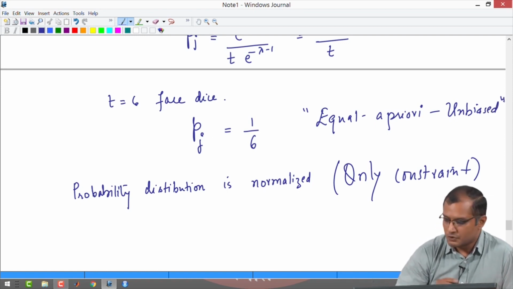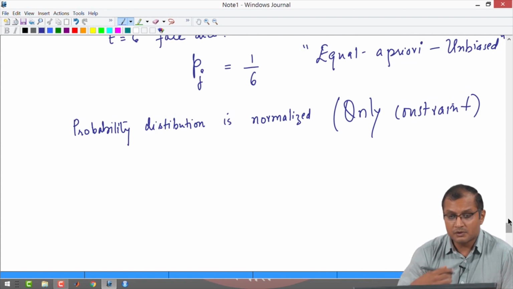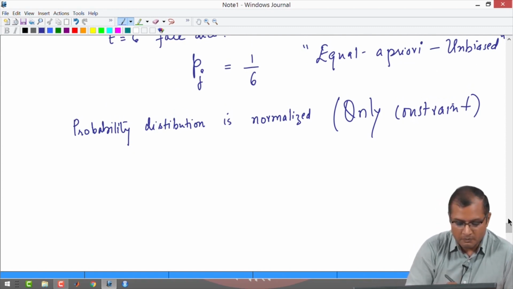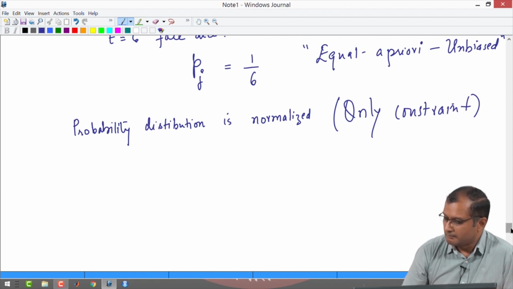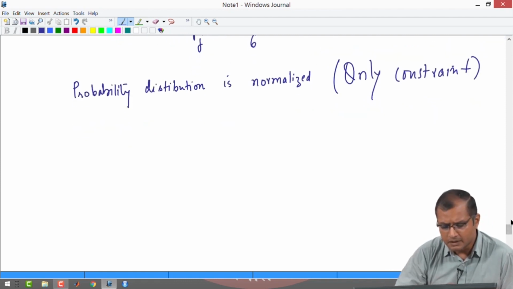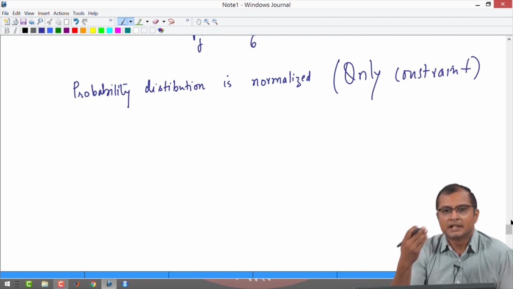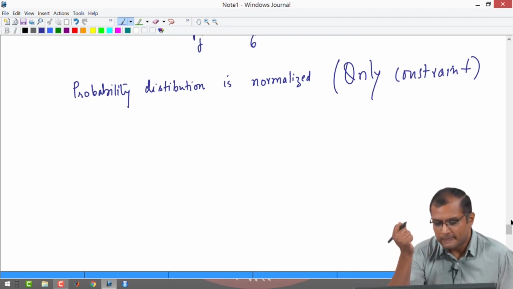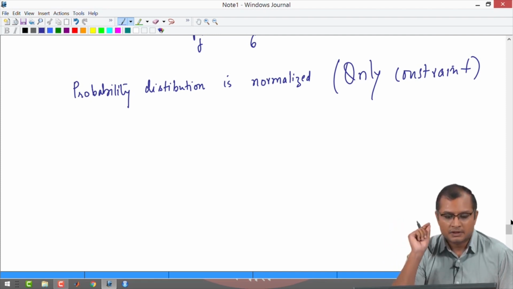Which means if I were to introduce a constraint, then the probability distribution would come out to be biased. In the next lecture we will see how keeping constraints in your distribution will lead to probability distributions that are biased.